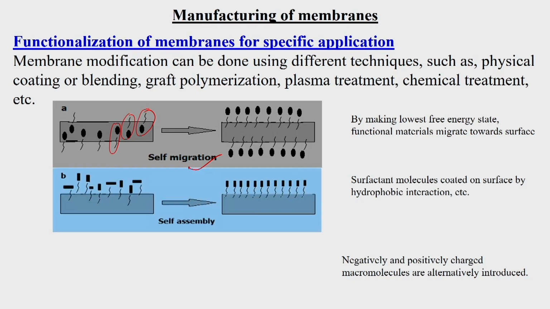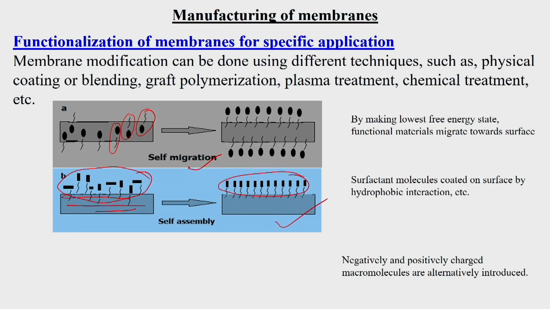Another method is called self assembly, like surfactant molecules coated on the surface by hydrophobic interaction. Suppose this is the polymeric membrane and these are all surfactants. If these are coated on the top of the polymeric membrane, due to hydrophobic interaction, these will be oriented in a regular fashion, and it has a particular application.